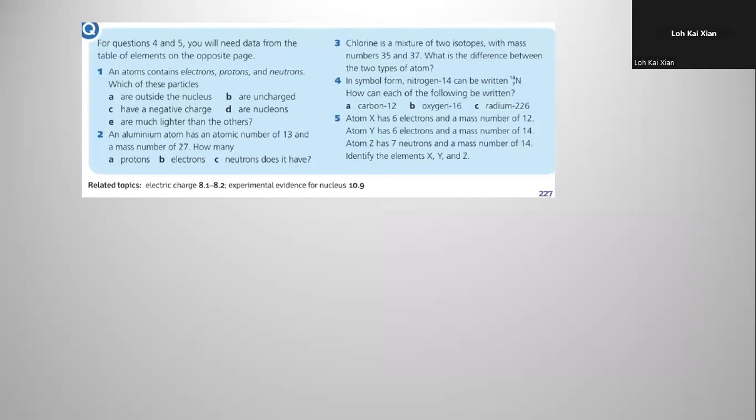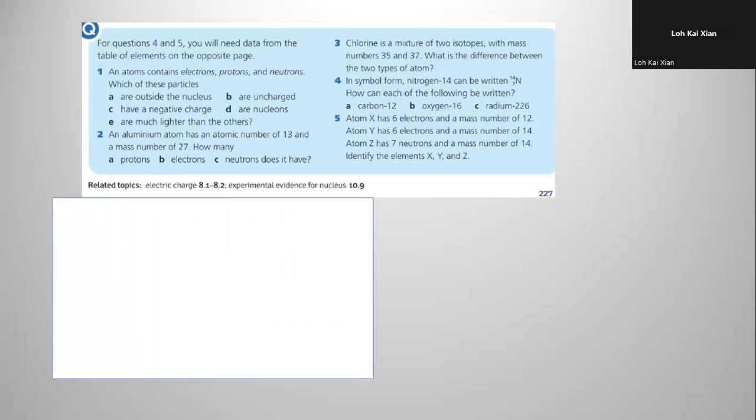Okay, try this question. An atom contains electrons, protons, and neutrons. This is page 227 in your book. Which of these particles are outside the nucleus? Electrons. Okay, good. Uncharged?